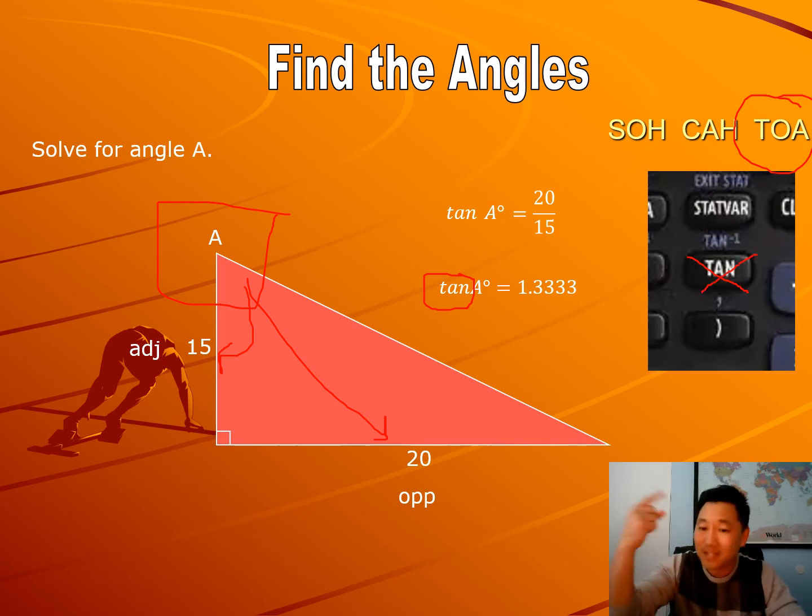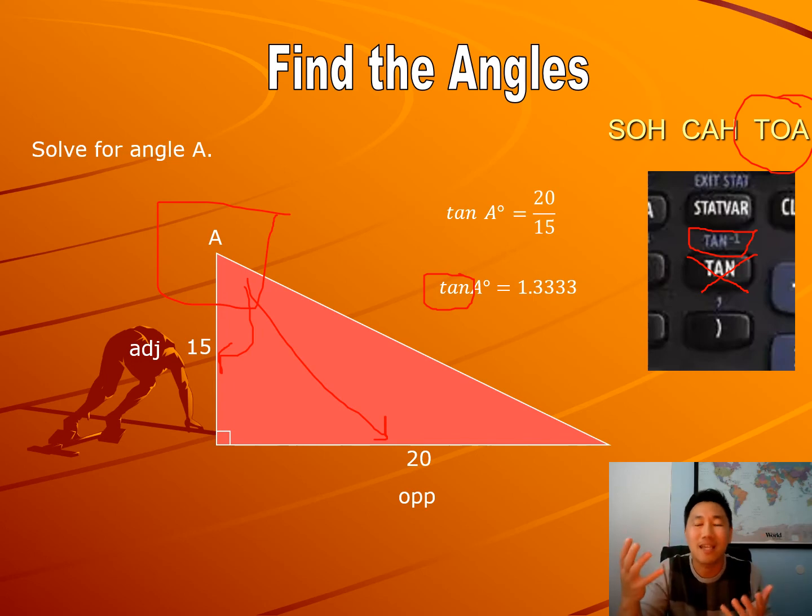The opposite of the tangent button, or the inverse of the tangent button, is actually right on top of it. It says tangent to the -1 power. That means tangent inverse. So the inverse actually does cancel out the tangent button. So what we do is we put tangent inverse on this side of the equation.